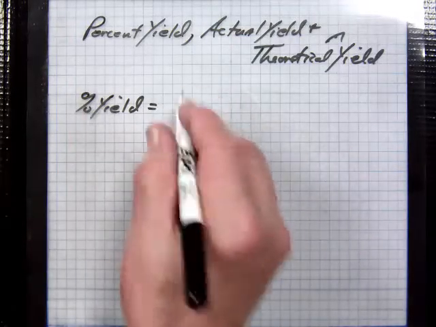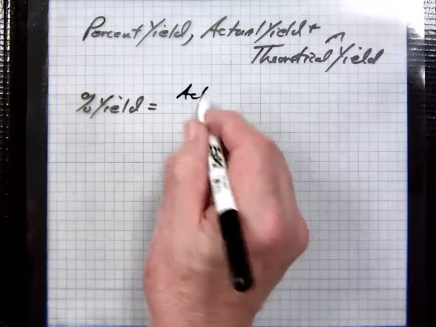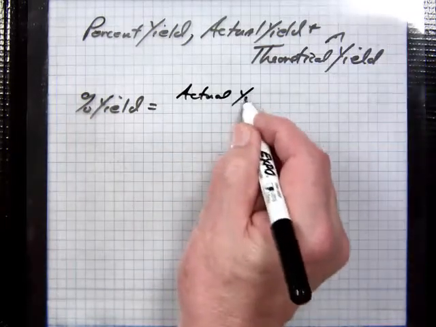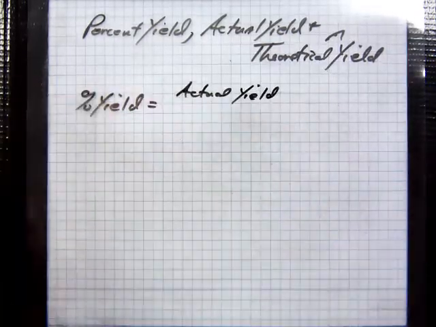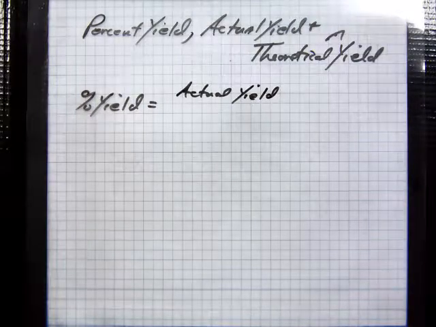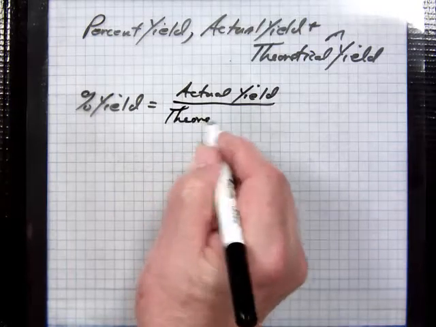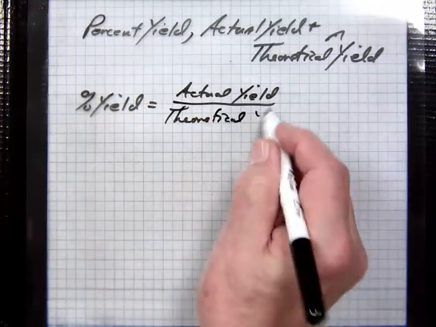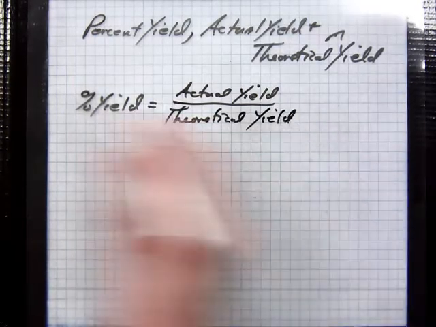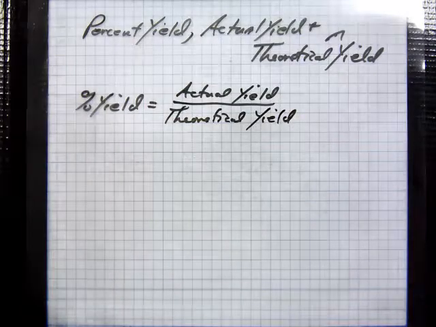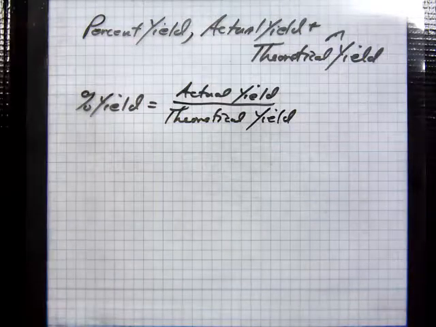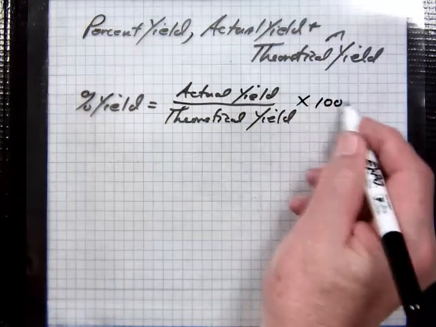We call this actual yield, which is always less than 100% or less than what you could produce, divided by theoretical yield, which is what the equation predicts you could get in a perfect universe, and then times 100%.